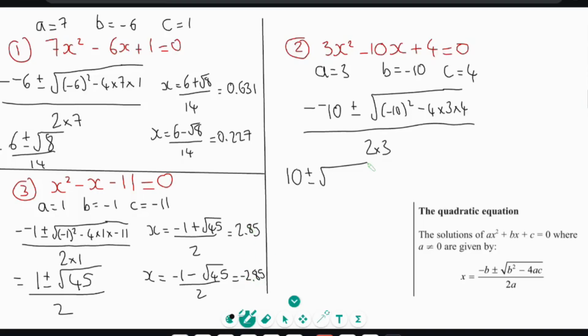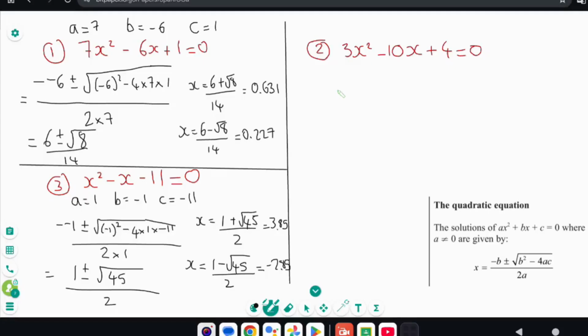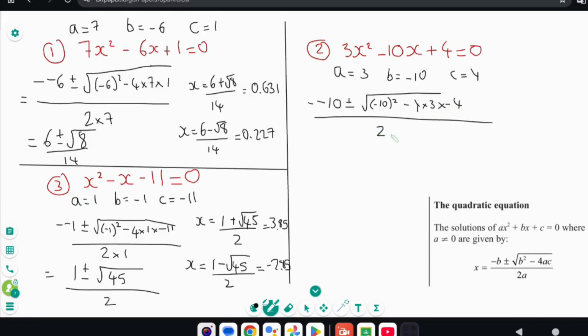So just be careful. And question 2 should have been question 3. Order does not matter with these. A is 3, b negative 10, c is 4. So minus negative 10 plus minus square root of, don't forget your brackets, b squared minus 4 times a times c, all over 2a.